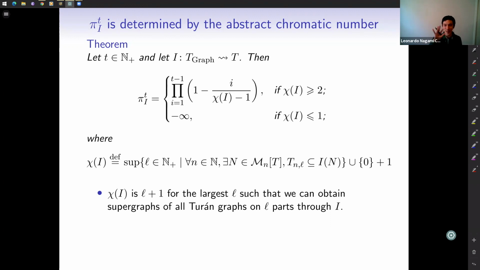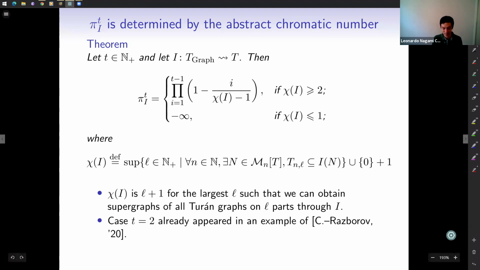Okay, if you think this is too abstract, you're not alone. You have good reasons to think that this is abstract, and the reason is coming in the next slide. So let me point out a couple of things before I proceed. So first, I want to say that the case T equals 2 actually already appeared. It was in a previous paper of ours.